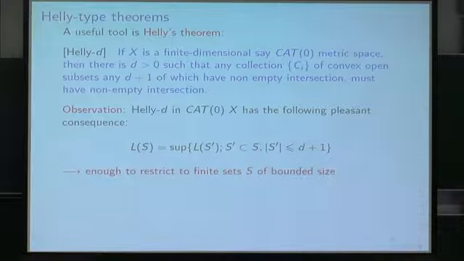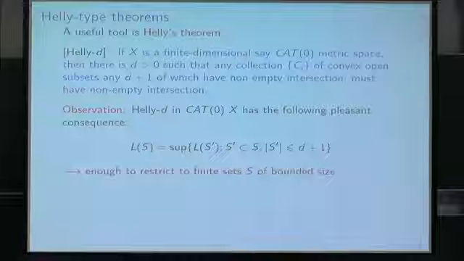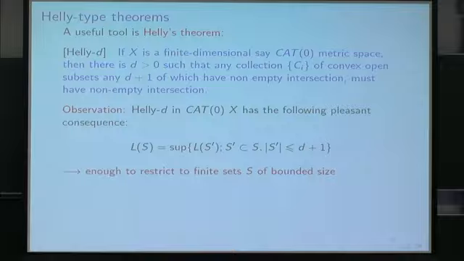If you have a space with Helly number d, then the joint minimal displacement is achieved by a subset of size at most d plus one.